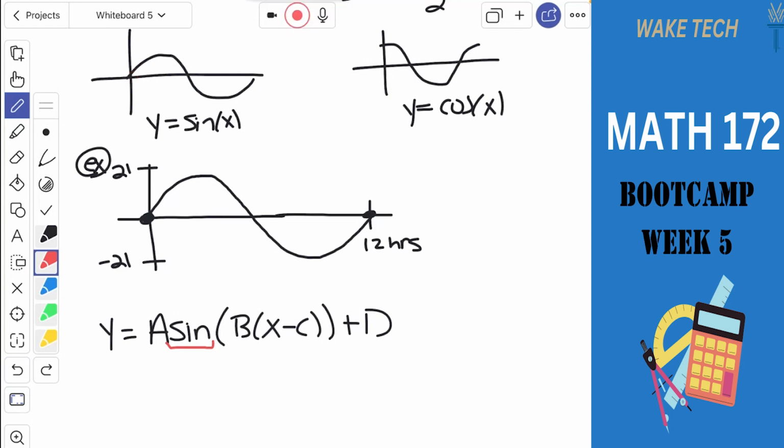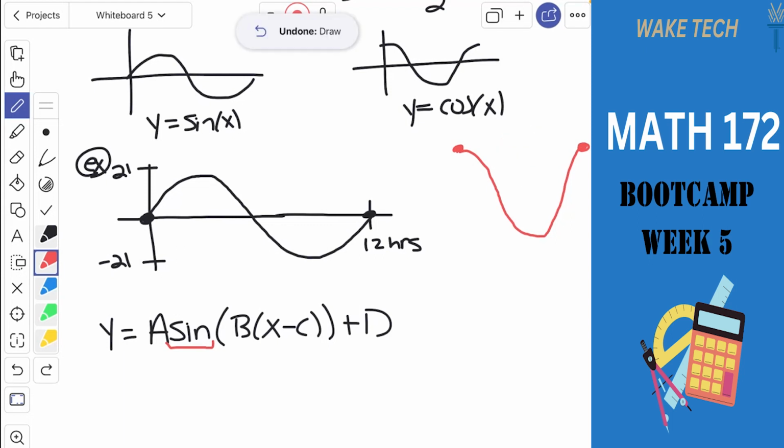If for some reason the question said that the tide starts at 21 feet above sea level, decreases to 21 feet below sea level, and then rises back to 21 feet above sea level, that would have matched a cosine cycle. So it's a really good idea to identify whether the scenario described matches a cosine cycle or a sine cycle.